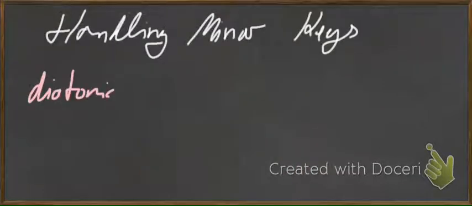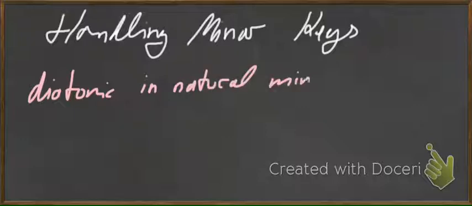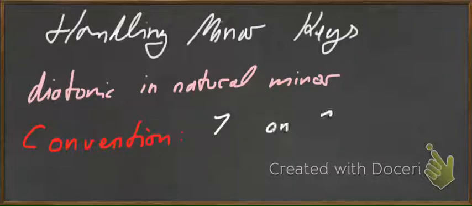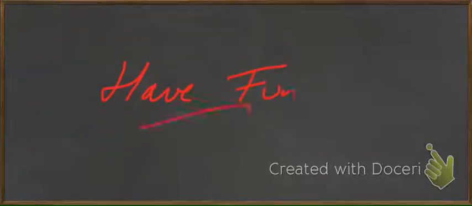Minor keys. They are all diatonically written in the natural minor. So if you have any alterations to what happens in the natural minor, you have to indicate this by either a flat, a natural, or a sharp. There's one convention though. The 7th chord is written either in major, which is the natural minor, or the 7 diminished, but you don't add the sharp in front of it.